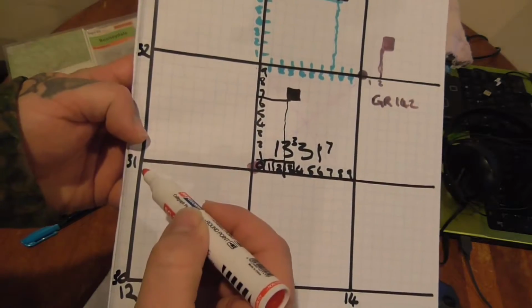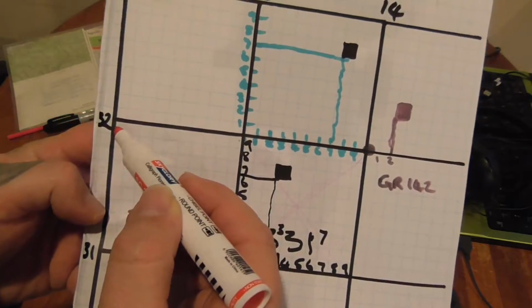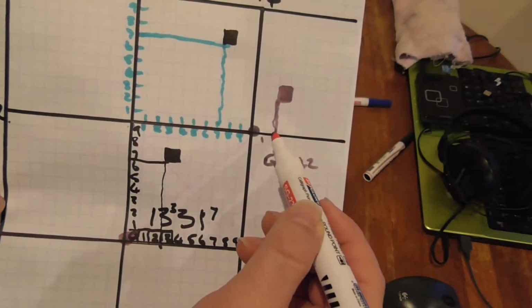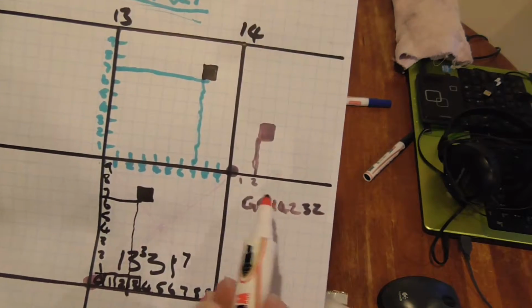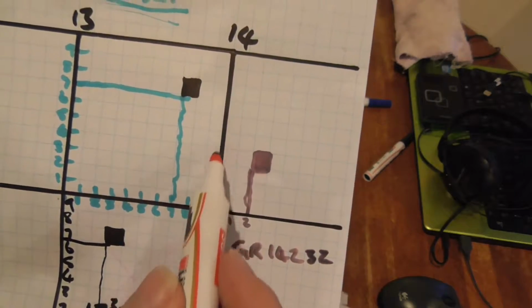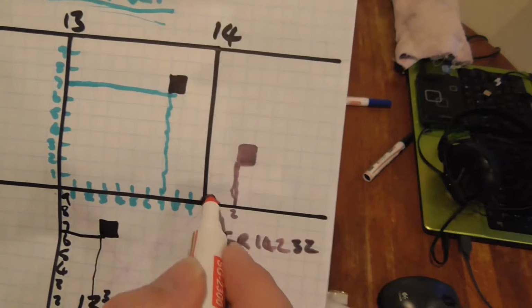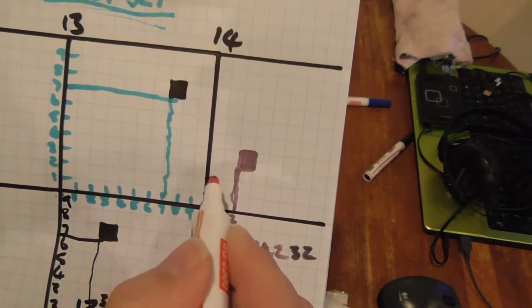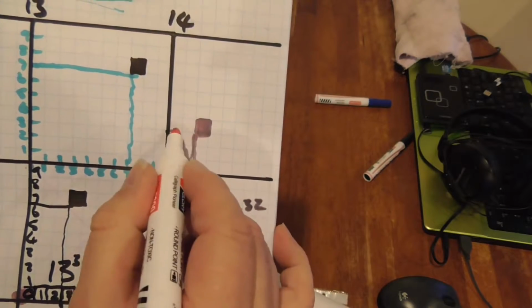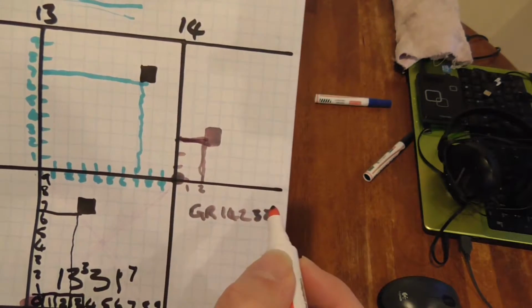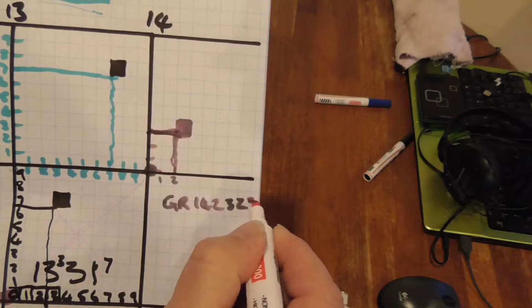Okay, 30, 31, 32. So it's 32, so we can put the 32 in. And we've got to go up. So we go up 1, 2, 3.